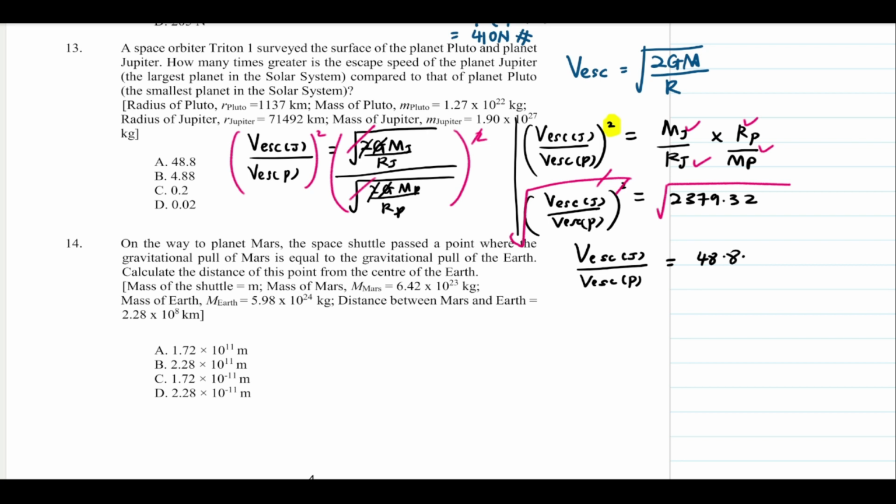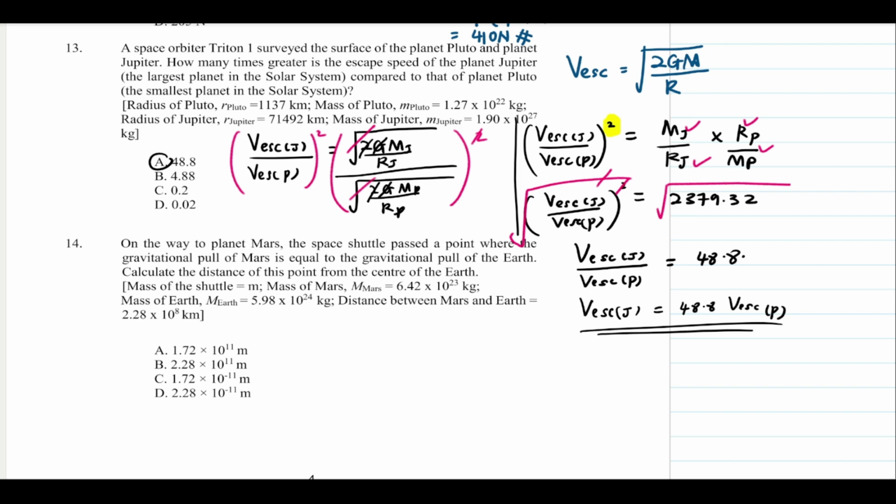So kalau saya tulis semula, saya tahu V escape untuk Jupiter adalah 48.8 times larger than V escape for Pluto. Okay, boleh? So the answer is A.